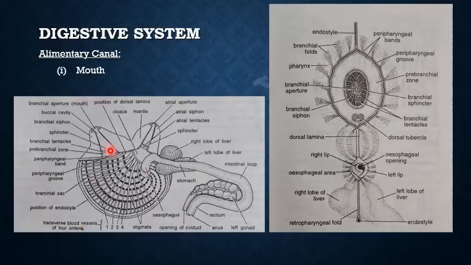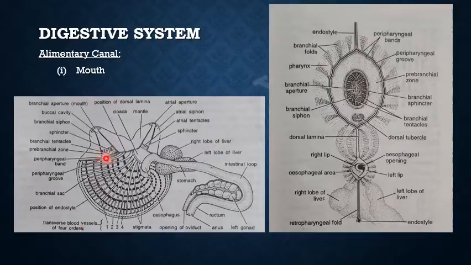Or you can say there are 8 large, 8 medium, 16 small, and then 32 very small tentacles. 8 plus 8 is 16, plus 16 is 32, and 64.